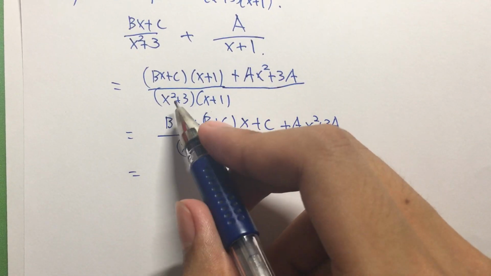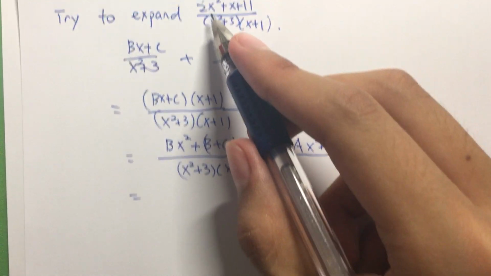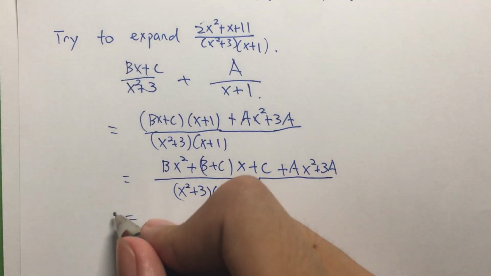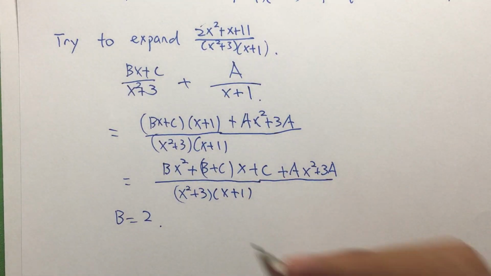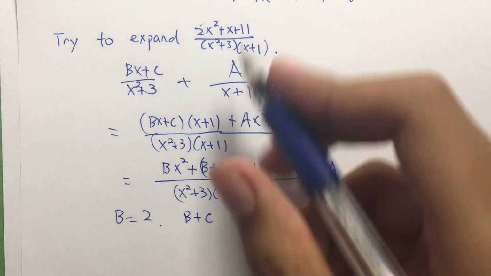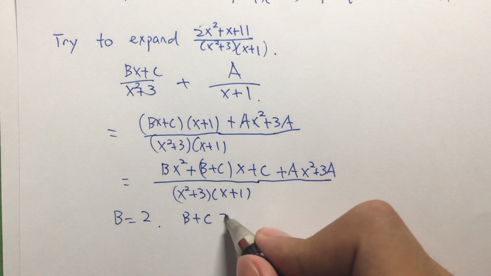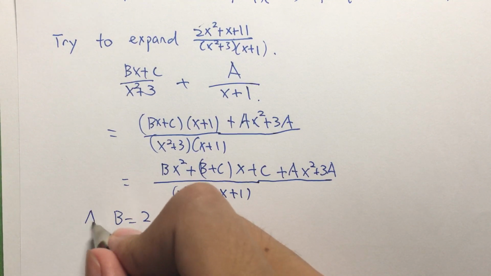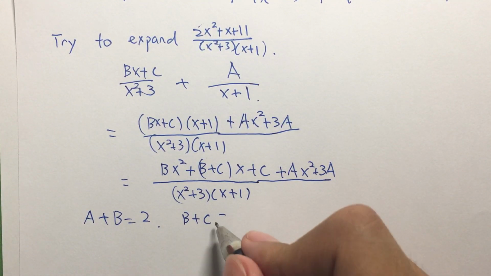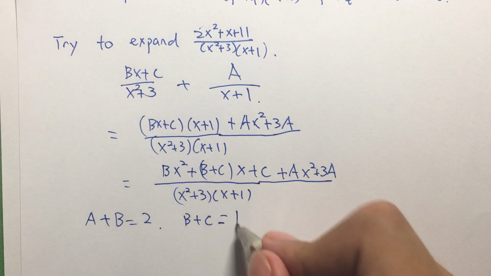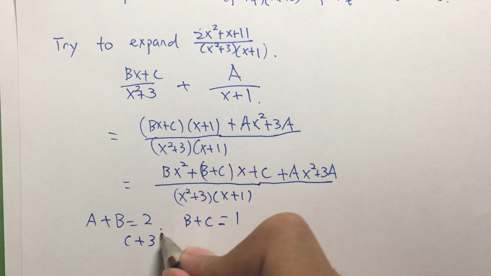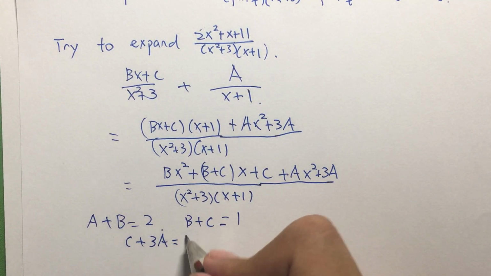And we know that b is equal to 2. We know that b plus c is equal to 1. A plus b is equal to 2, b plus c is equal to 1, and c plus 3a is equal to 11.